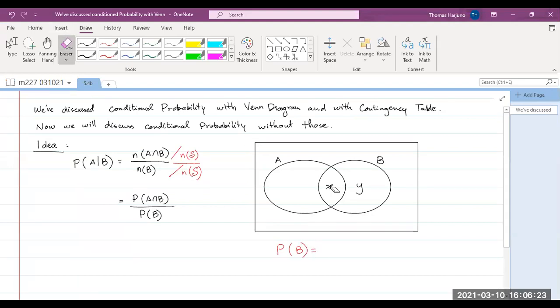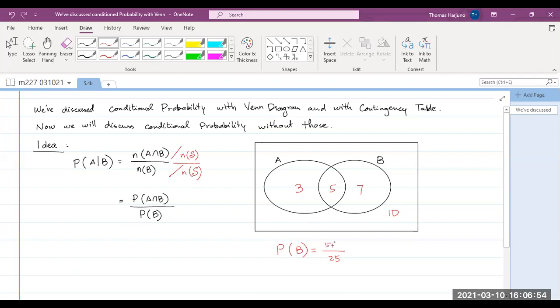Suppose I use actual numbers, okay? Like in the intersection, let's say we have 5, in A only 3, in B only 7, and then outside you have 10. Okay, so then the total number of elements in this Venn diagram is 25, right? And then the number of elements in set B is 5 plus 7.